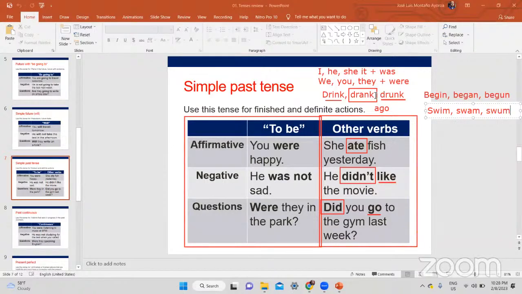So it's drank, drunk, began, begun, swam, swum. If you memorize those three, you're always going to remember. Drink, begin, and swim have the same conjugation. All right. That's an affirmative. That's great. Drank. What about negative? Tell me something that you didn't do in the past.